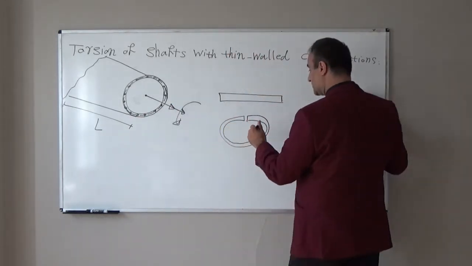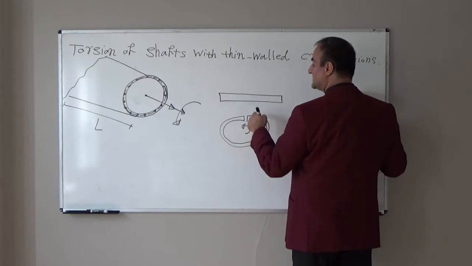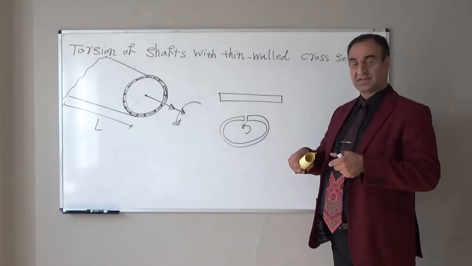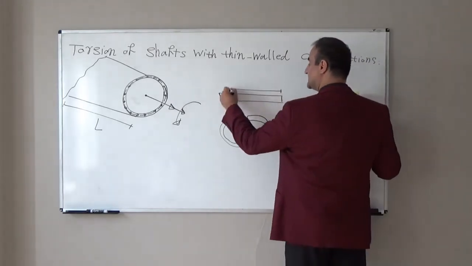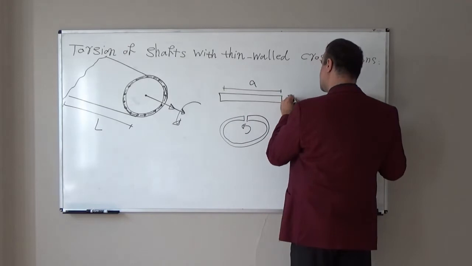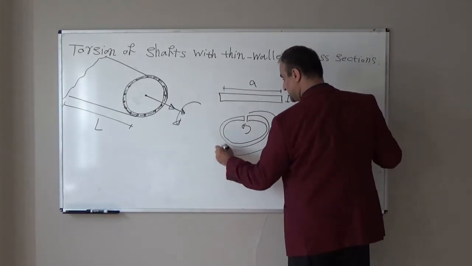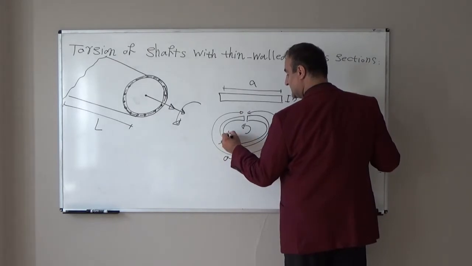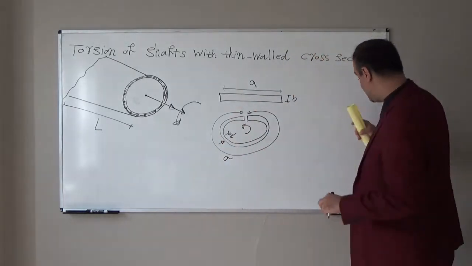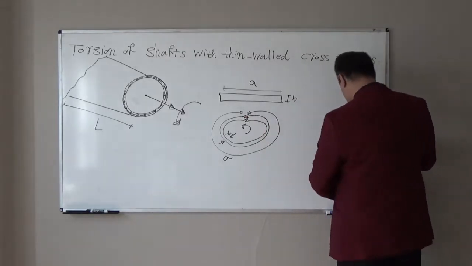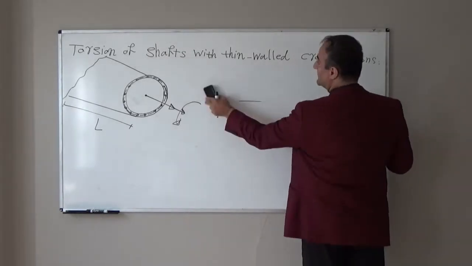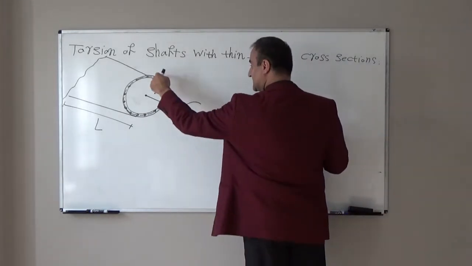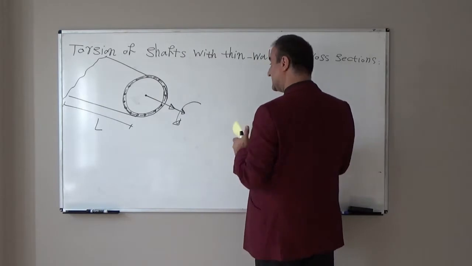If we apply torque here, this is similar to a rectangular cross-section. We bend it only, that cross-section. So this is A, this is B here. This length will be A, the thickness T will be B. But if we weld it here and make it closed, in that case we will have a shaft with a thin-walled cross-section similar to this, and the shear stress distribution is like this.